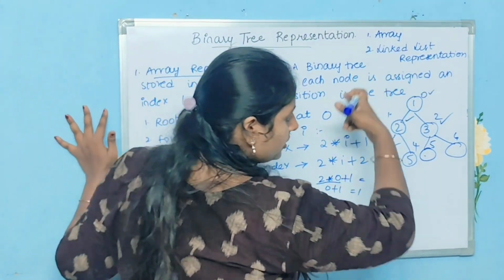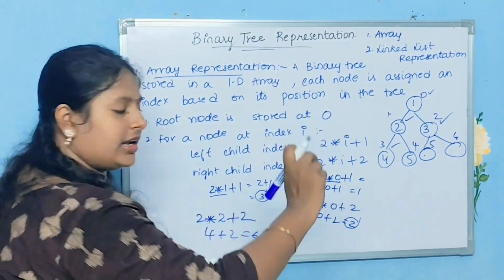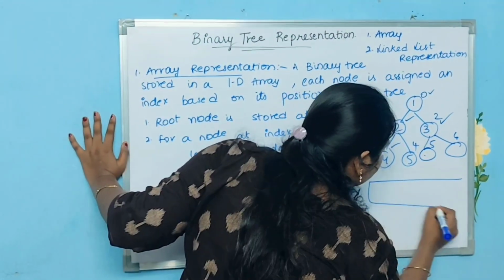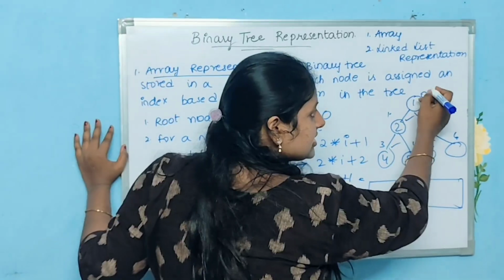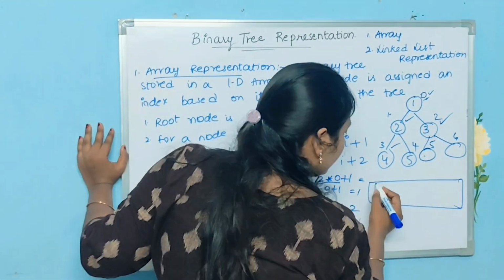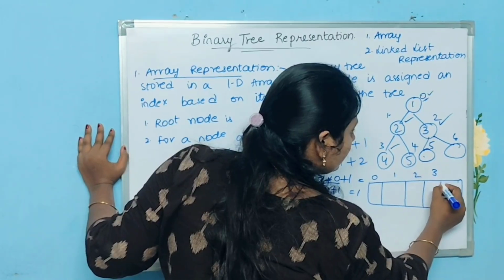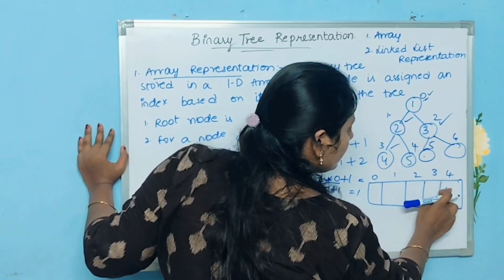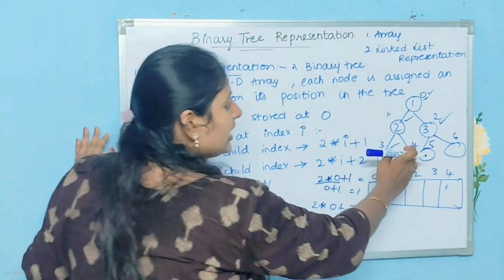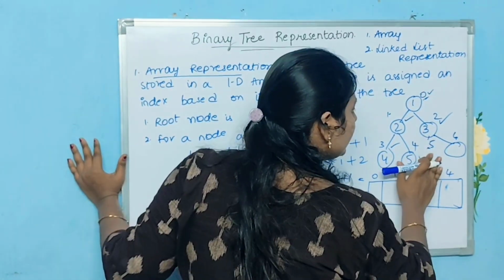So, how do you write these elements in the array representation? The array index starts from 0. That is the reason why I have taken the index over here as 0, then 1, 2, 3, 4. How many nodes are there particularly?